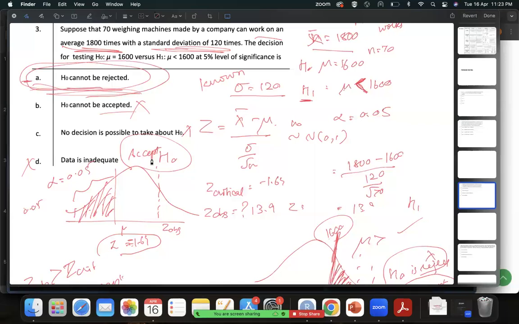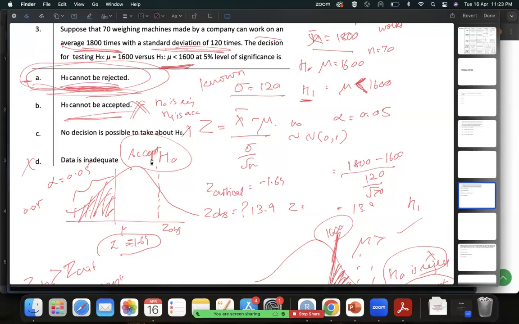You have to say H0 can't be rejected, because if you say H0 cannot be accepted, it means that H0 is rejected and H1 is accepted, right? Option B means H1 is accepted, but that is entirely false. You cannot accept H1 because mu is not less than 1600. So option B may not be true.